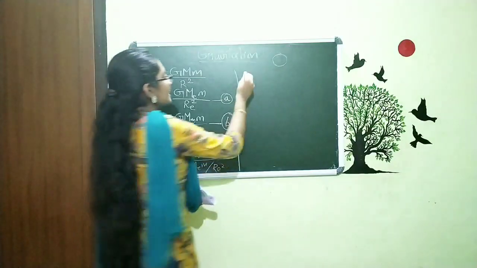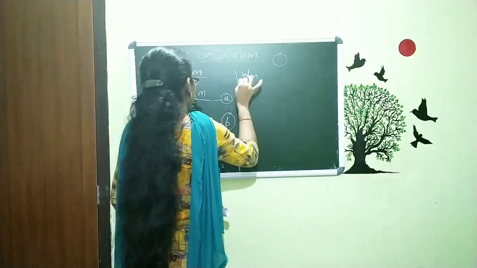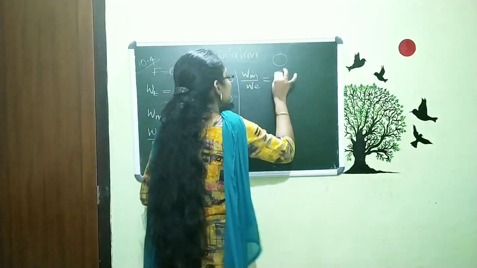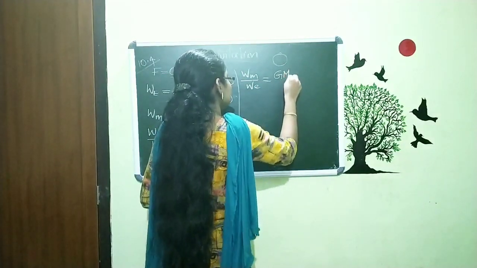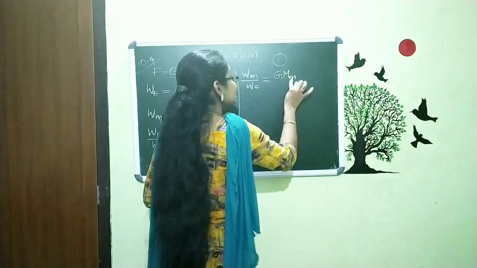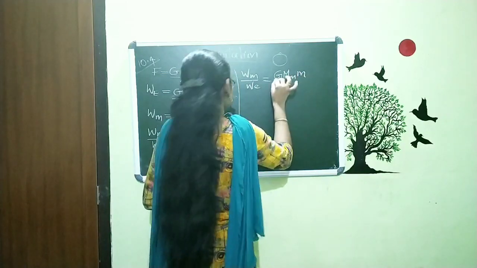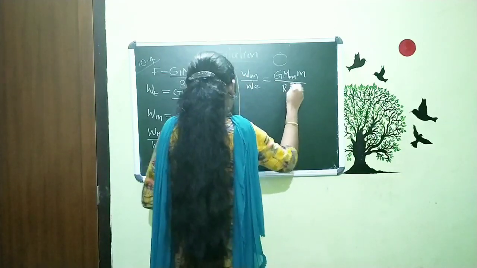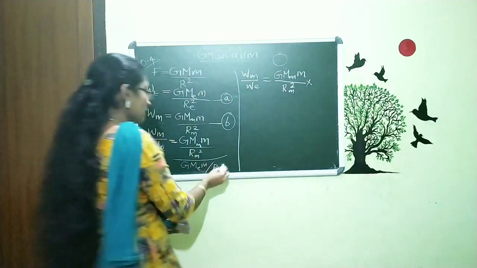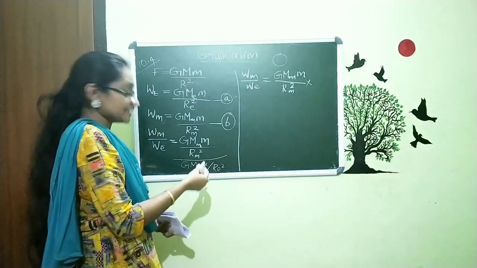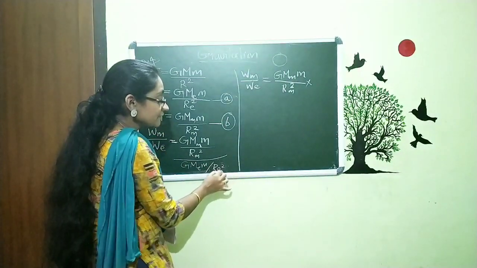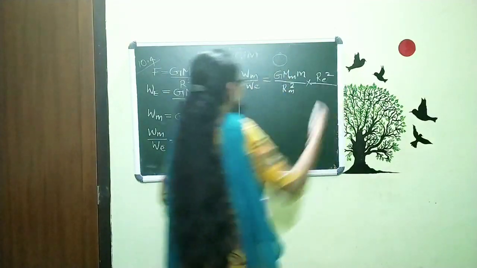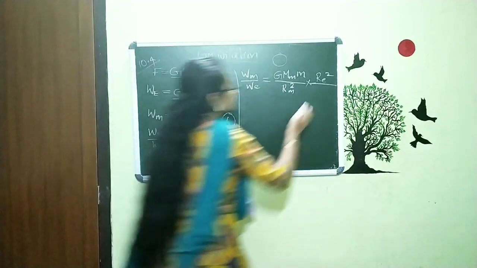So I can write Wm by We is equal to G M M m divided by Rm square, into, now this component written as multiplication, the bottom part will be here: Re square divided by G M E m.